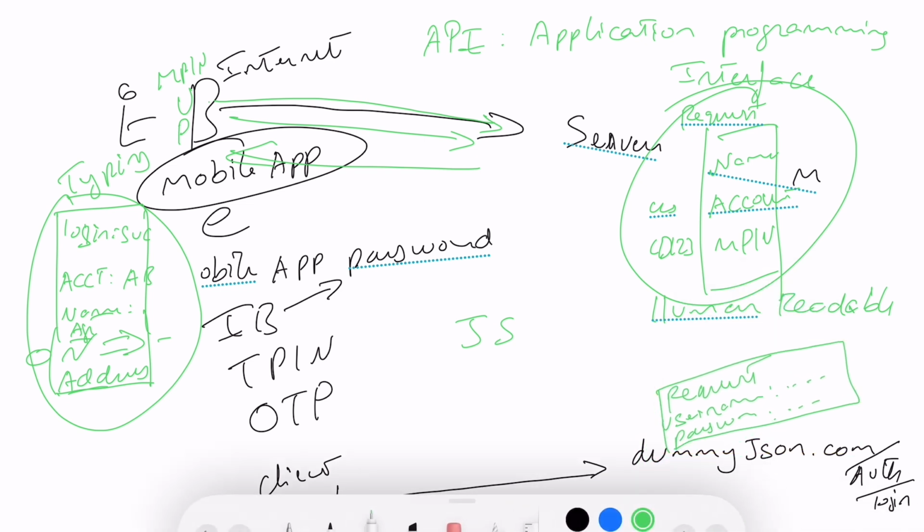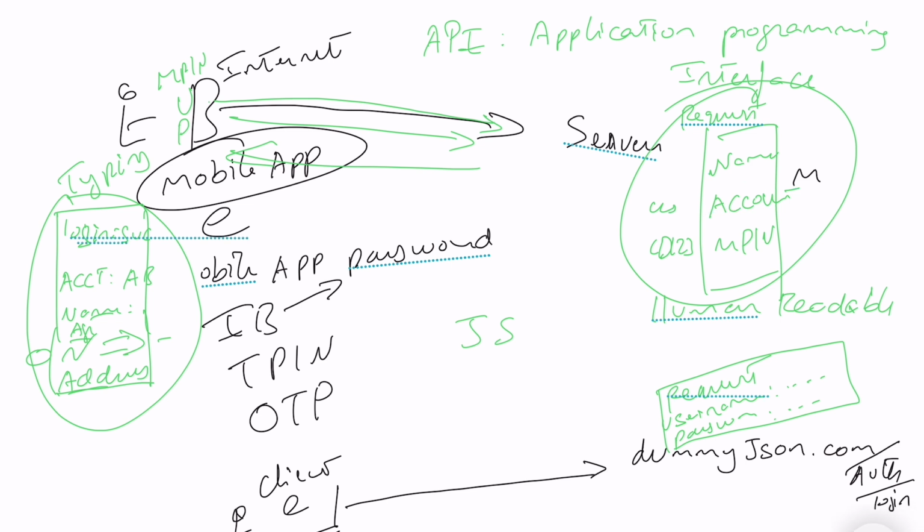The server created a response where it gives me an access token, a refresh token, and some other fields like name, email, etc. So this was the response which was created.